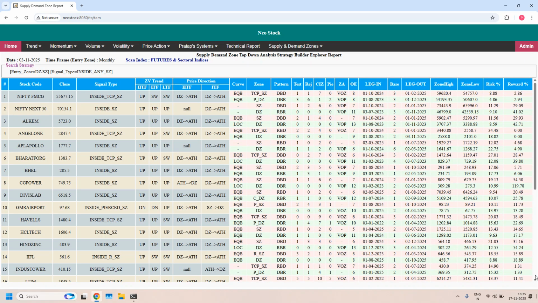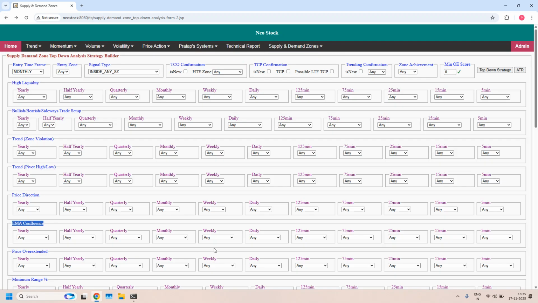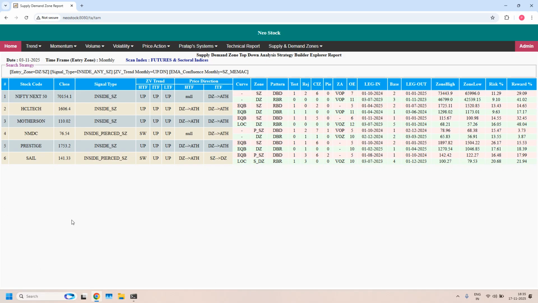First 15 stocks in the list. Scrolling the list down, total we got 29 stocks. Let's apply again EMA confluence on these monthly supply zones. That is monthly supply zone having monthly EMA confluence, and also trend on the monthly should not be sideways. We got 6 stocks.